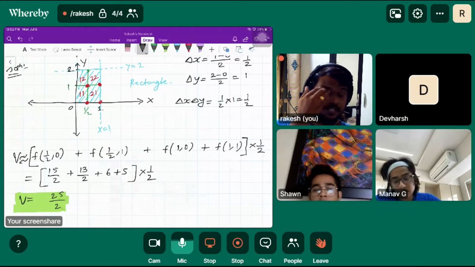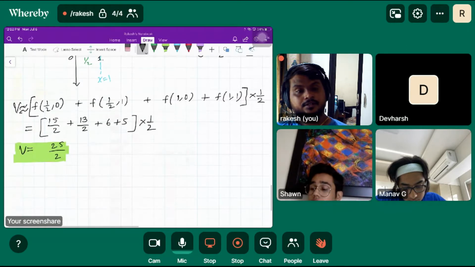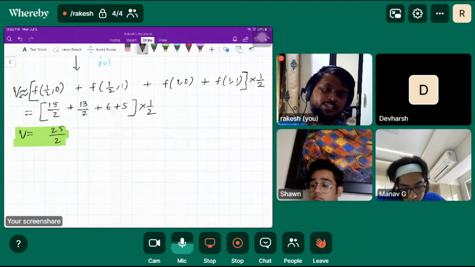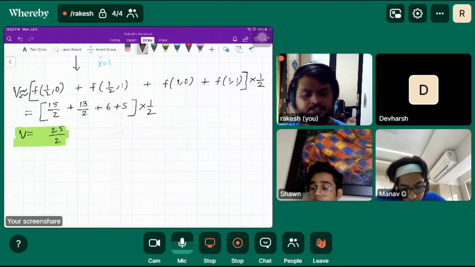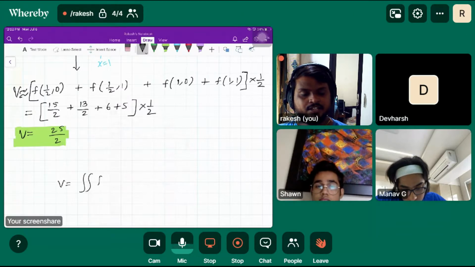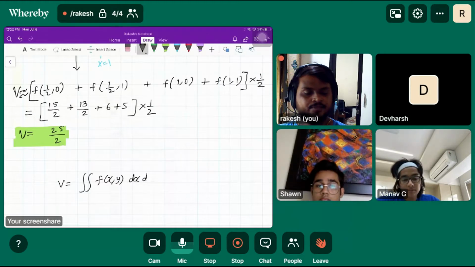Now my question is here. We found the expression for the volume in terms of double integral, that is this f of x comma y dx dy.